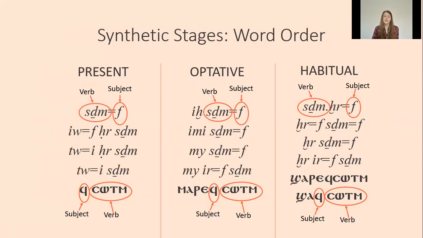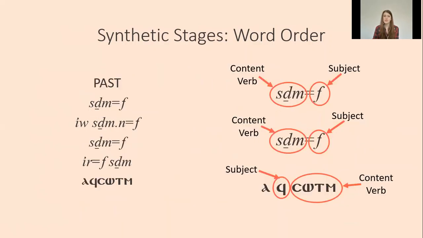Since in the verbal constructions which were created using this pattern, the content verb took the place of the noun phrase, this gave them a word order in which the subject came before the verb. The new word order created by the addition of an auxiliary was then maintained in each construction throughout any further developments, and consequently later synthetic forms had a different word order to the earlier ones.